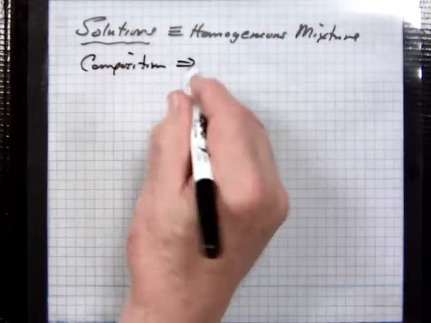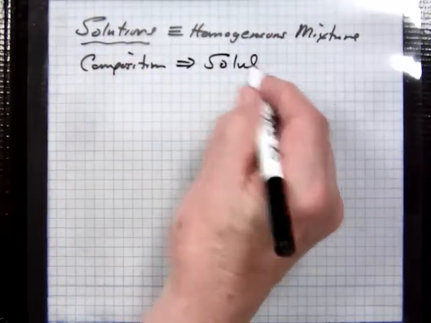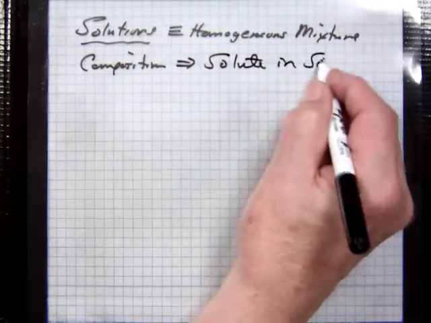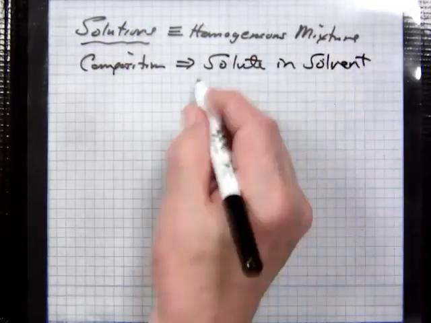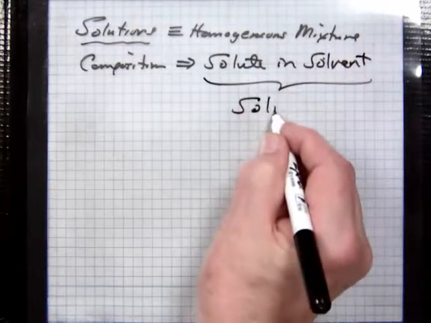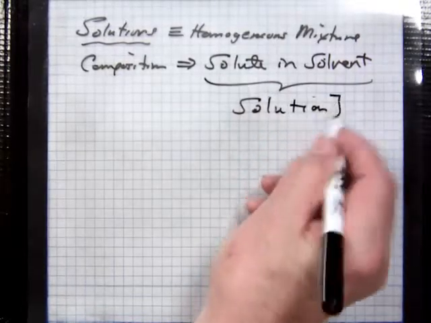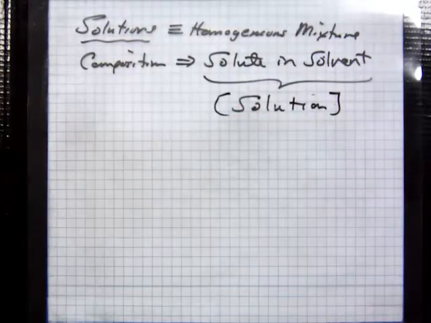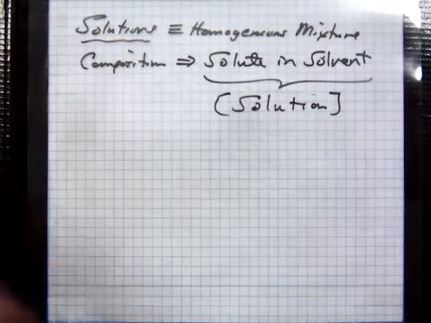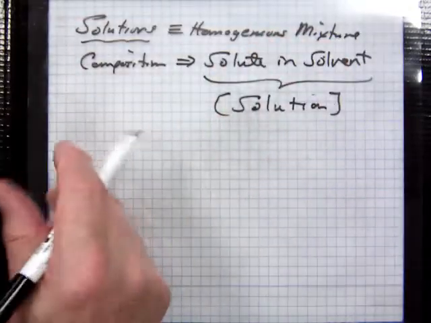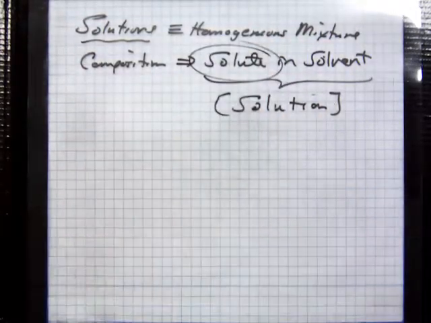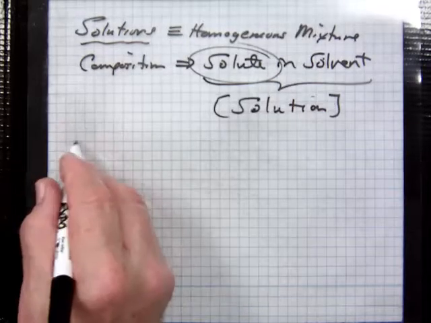It is made up of a solute and a solvent, and the combination is the solution. That's what it is. Think about it, it's no big deal. The issue is, how many moles of solute do we have in the solution?